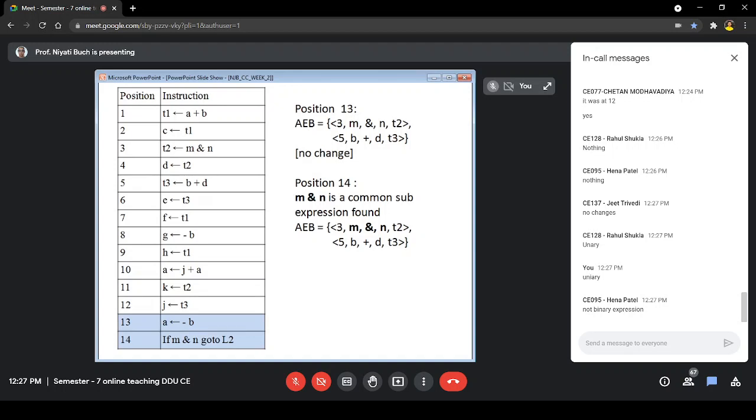And at position number 14, in this slide, I've already shown you that an expression is common because we see it in AEB. Now reflect all the necessary changes into your code. What will be the change needed?